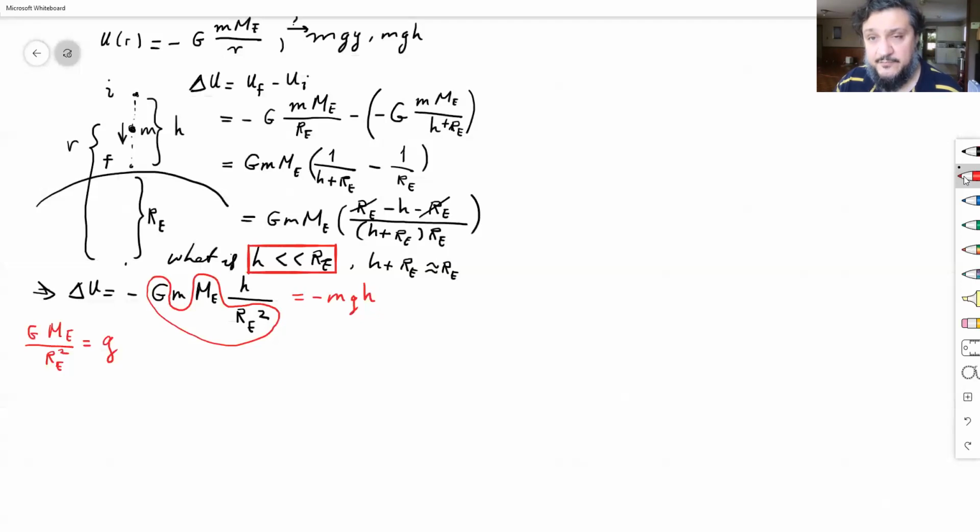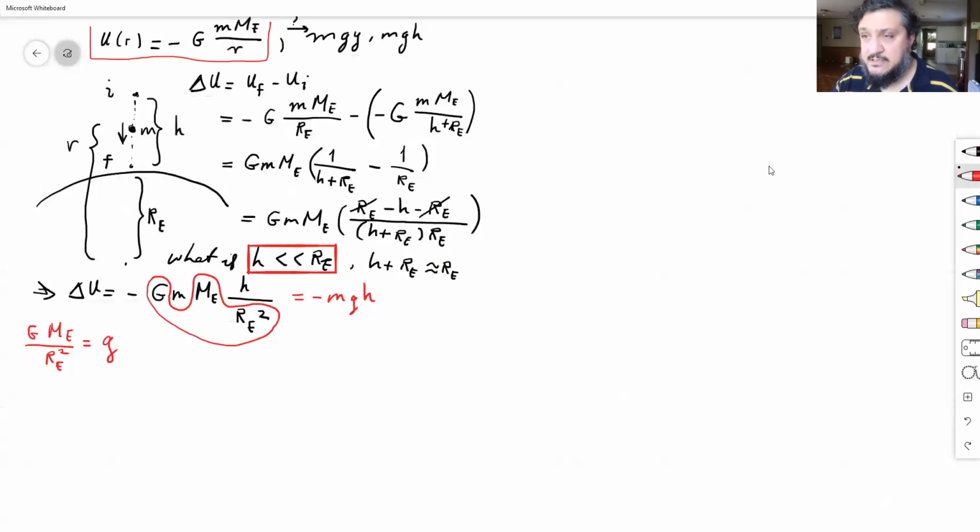The new formula for gravitational potential applies to satellite problems or the motions of planets around the sun. Okay, so let's take a look at these.